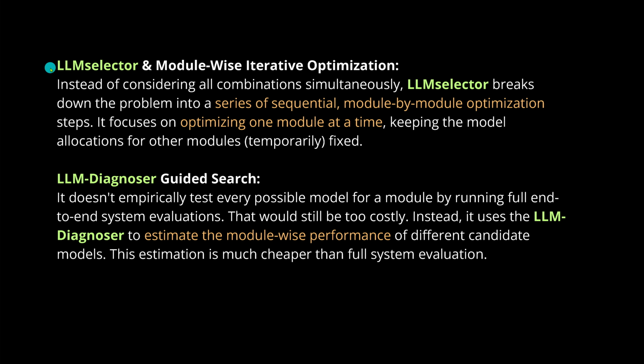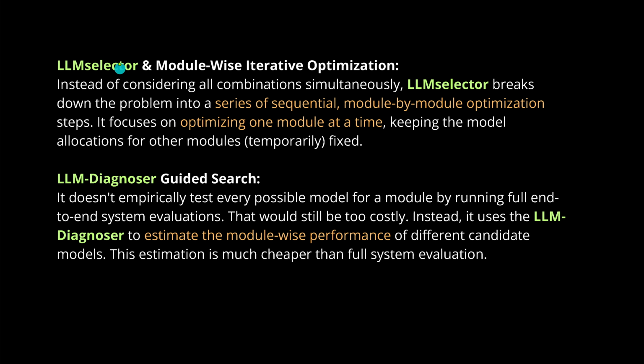So I would recommend going for, let's say, mathematics or your domain knowledge, the best model in your domain. So the LLM selector focuses on optimizing one module at a time, keeping the model allocation for the other modules temporarily fixed. So simply, everything is fixed, and we have just 1 degree of freedom for this particular module. Then we have a guided search in the search space.